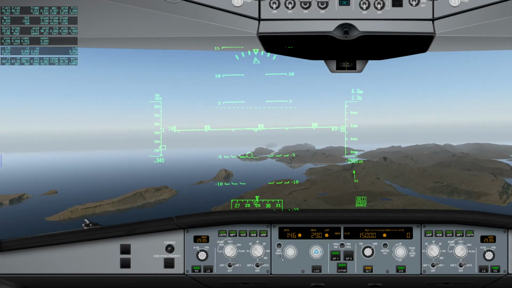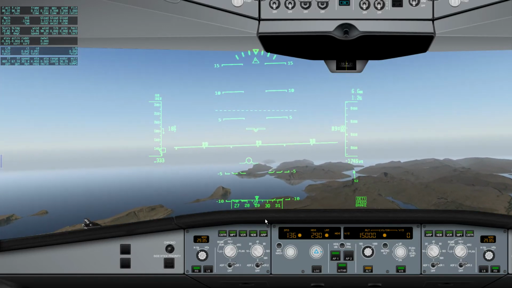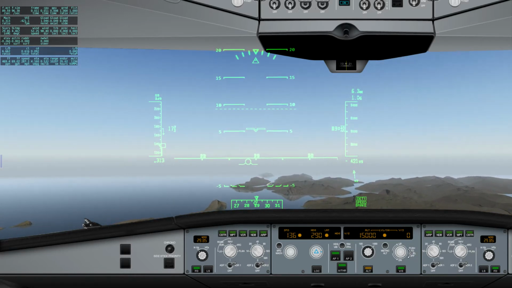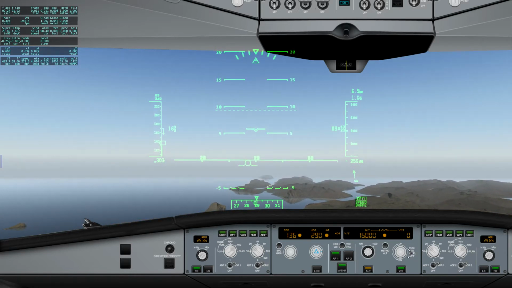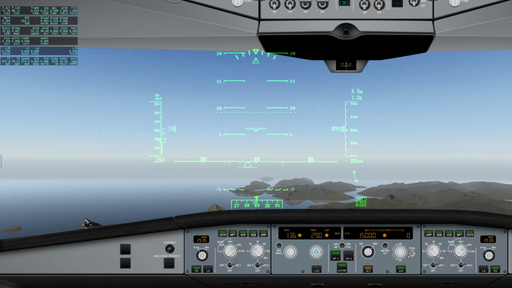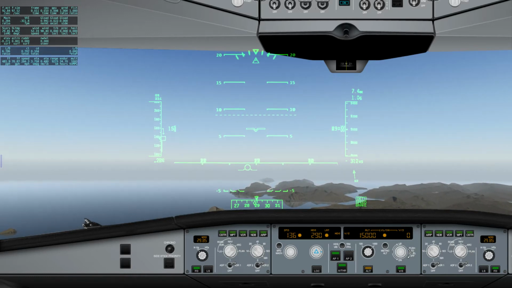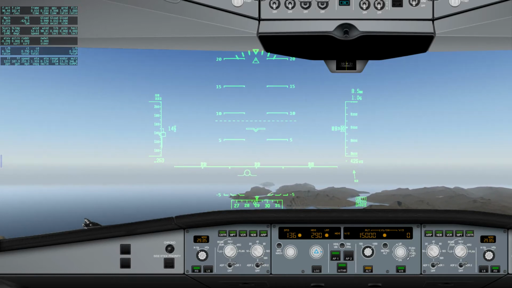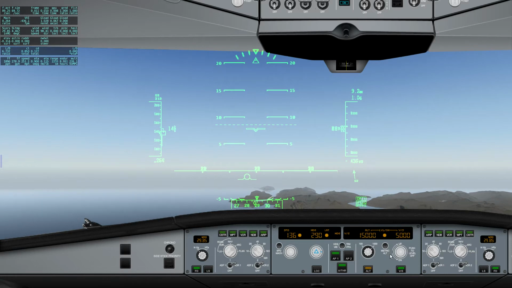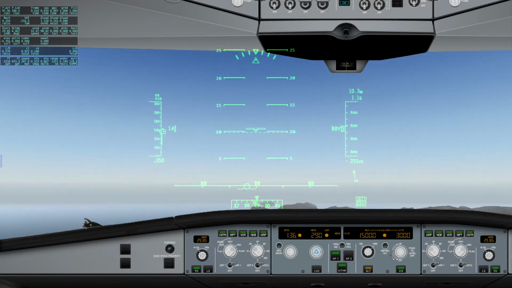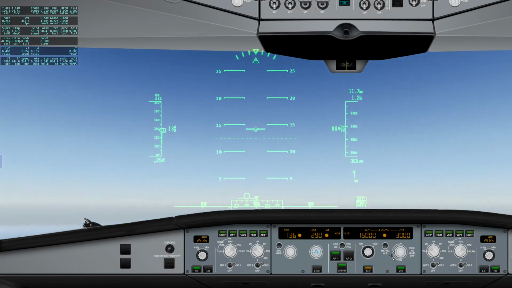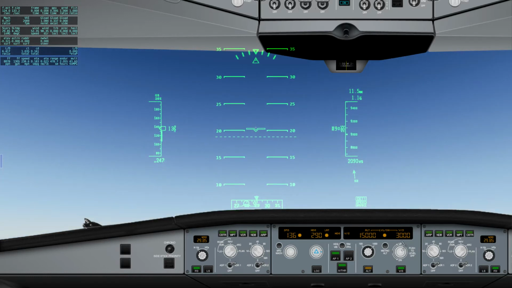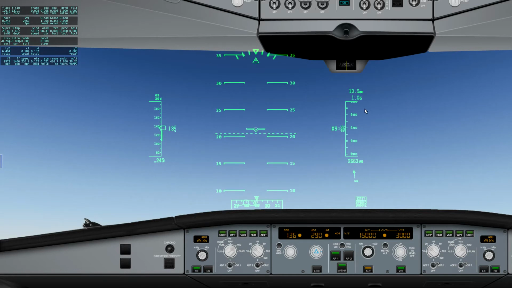Level off and slow down again. And we climb up at 3,000 feet per minute, and we'll see the aircraft will settle again at the 10 degrees angle of attack.